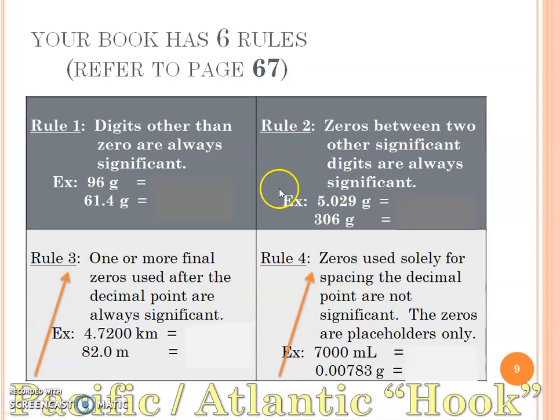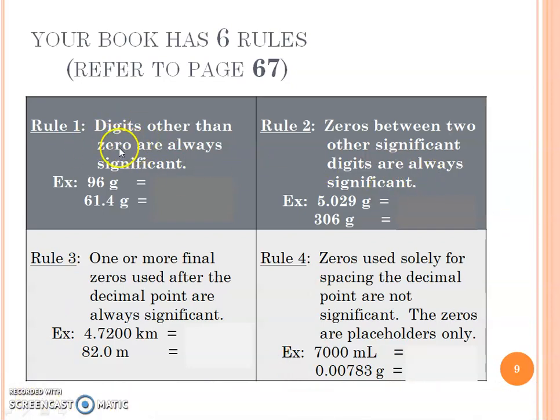So let's look at rule 1, 2, 3, and 4. 3 and 4 really deal with that Pacific Atlantic memory hook that I just went over, why those zeros are counted or not counted. But rule 1 should make sense to you. All digits that are not zeros are significant. So those 296 are significant, so that would be 3 sig figs, and the 61.4 is also, those are all non-zero numbers, so those are all significant.